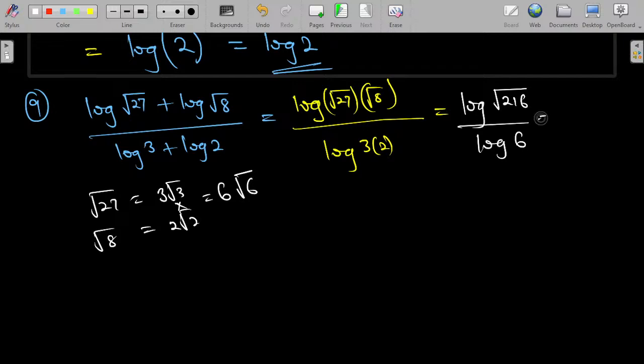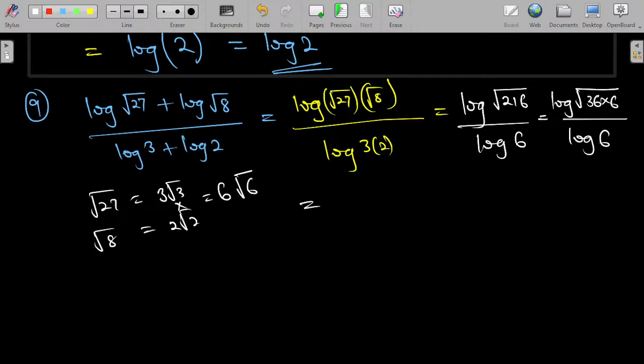In fact, that's what we are going to have here, because 216 is the same thing as 36 times 6. Yes, so if you split it that way, you are going to get the log of root 36 times 6 all over the log of 6. So what am I actually looking for?